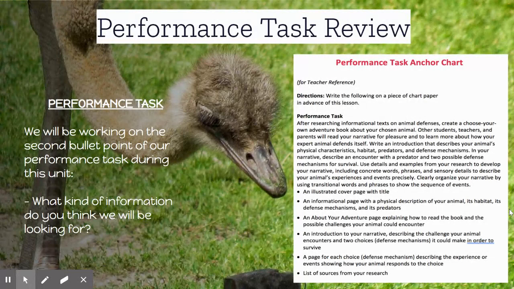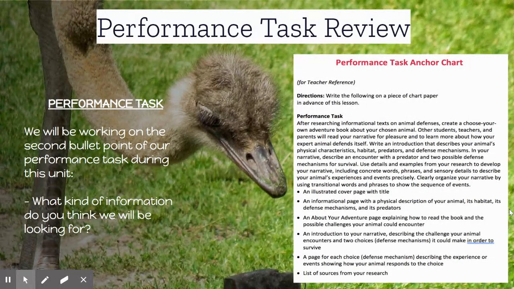So we're going to have to do some reading, look at some websites, and make sure that we have plenty of details to write this narrative. It's going to be made up, but it's going to be based on real defenses and behaviors that ostriches have.